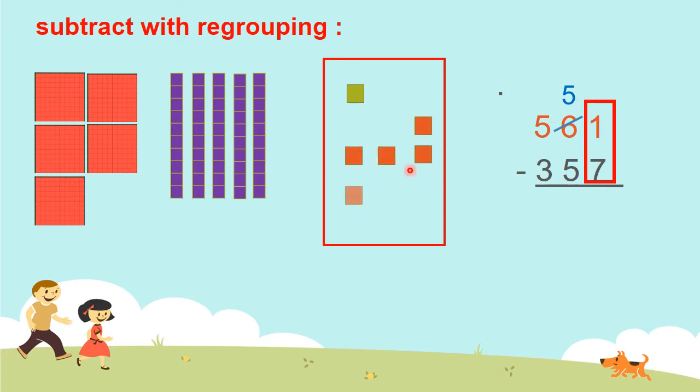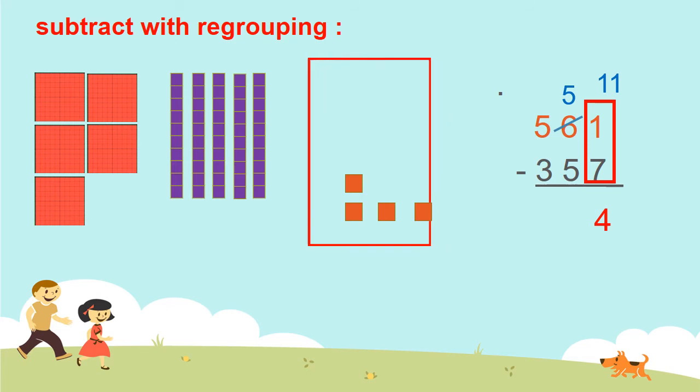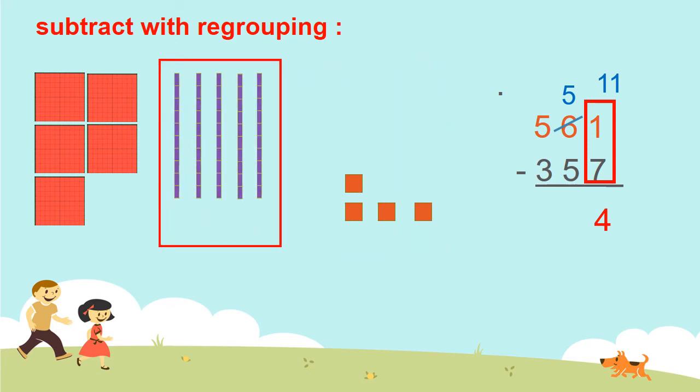And 10 and 1 make how many? Yes, good job, 11. 10 and 1 make 11. Now can I take the 7 that I want? Yes, I can take the 7. Let's remove the 7. How many do I have left? 4. Good job.